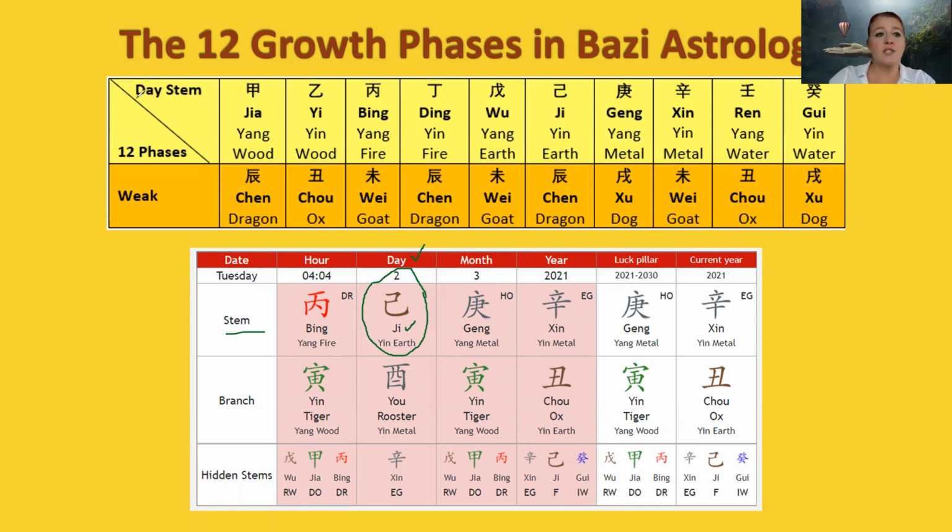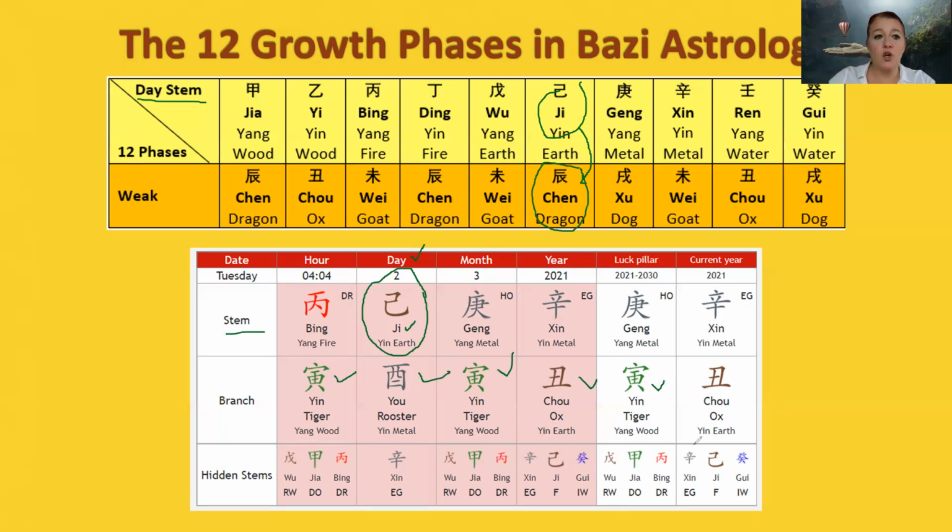And then what we do is we look in this table here for the day stem. So here we have the day stem Ji. And for a Ji day stem, the weak phase is associated with the dragon. And then you check whether you have the dragon anywhere in your year, your month, your day, or the hour, or in the luck pillar.